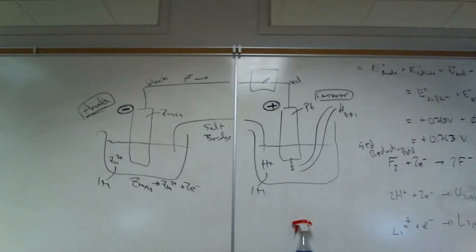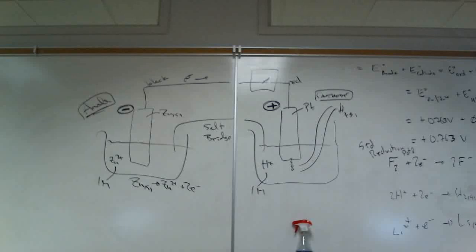But when you're looking at the individual cell potentials, the arbitrary zero does not cancel itself out, and so this negative is not meaningful. This negative just means it has a lower reduction potential than hydrogen ions.